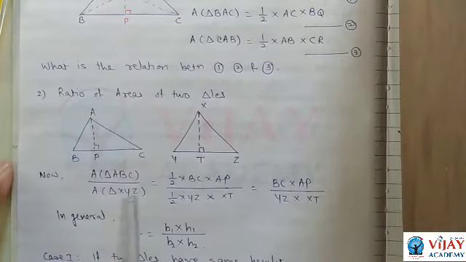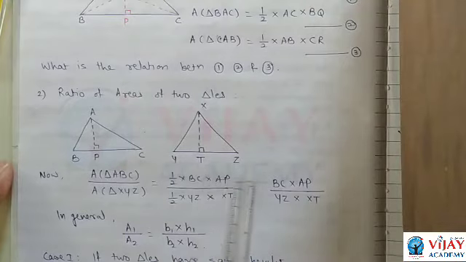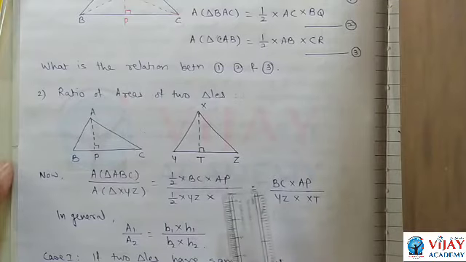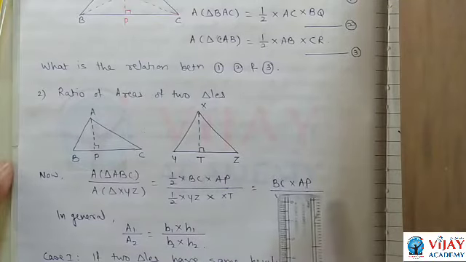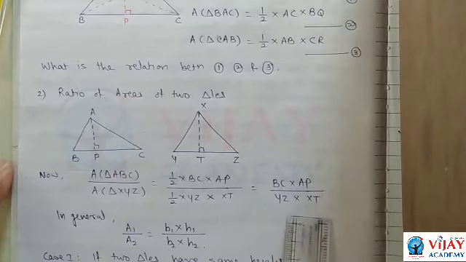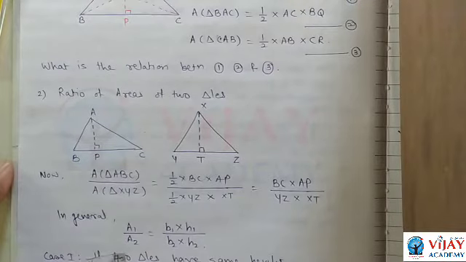Now area of triangle ABC upon area of triangle XYZ is equal to half BC into AP upon half YZ into XT. Half gets cancelled, we get BC into AP upon YZ into XT.